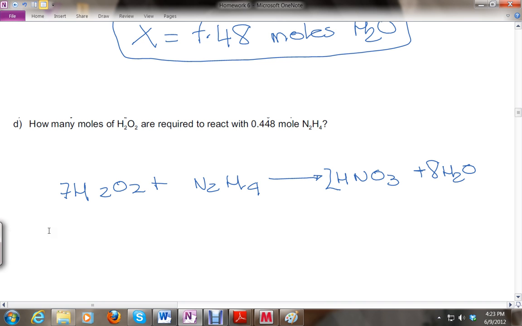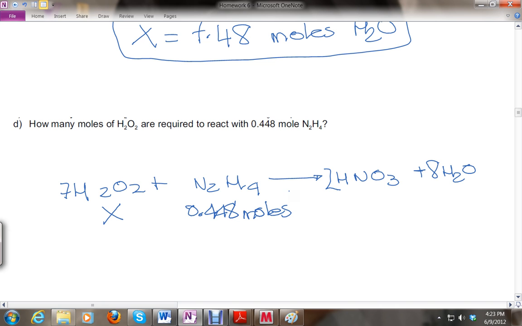And so we got here, right? It's asking how many moles of hydrogen peroxide, now you know you have to put the X here, will be required to react, and they're giving you the hydrazine, 0.448 moles.